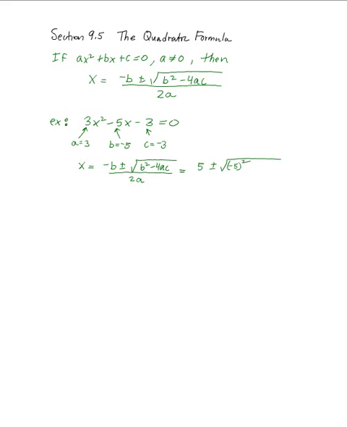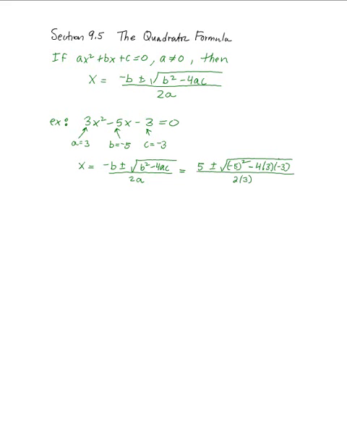That's important because I do have to have negative 5 times negative 5, which is 25. I see a lot of students not put parentheses there, and then they write negative 25, and that's wrong. Put the parentheses around that number right there. It'll help you get the right answer. Minus 4 times 3 times negative 3. And again, notice I'm using parentheses. It will help you get the right sign, all over 2a.